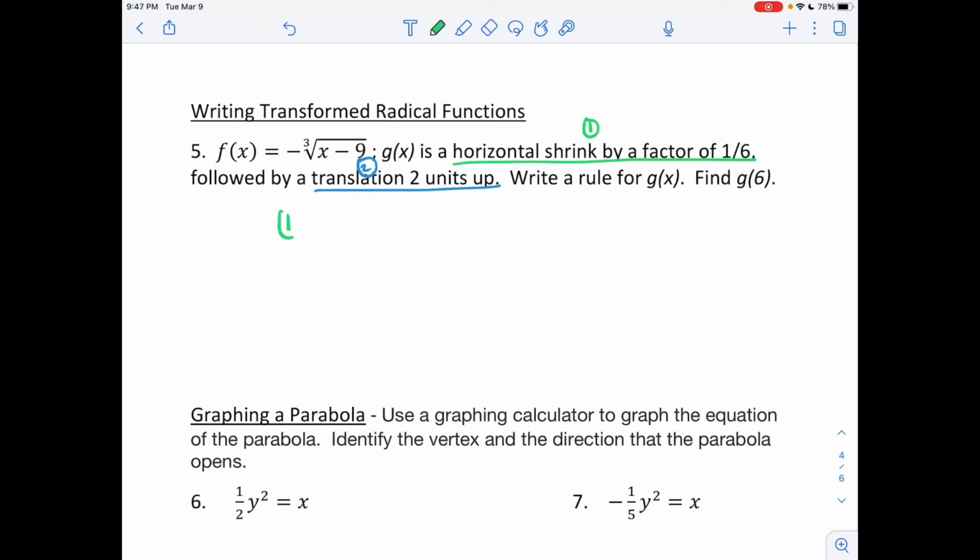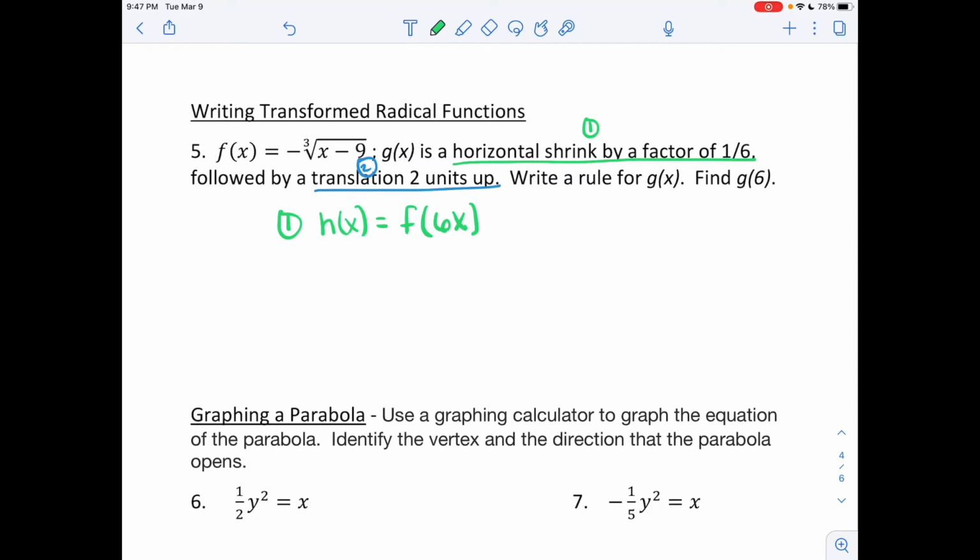Our first transformation, I'm going to call that h of x. And we're going to start with f of x and a horizontal shrink by a factor of 1/6. Remember that that's going to go inside with x. So I'm going to start with f, and a shrink by 1/6 is going to be multiplying by the reciprocal, or a 6.